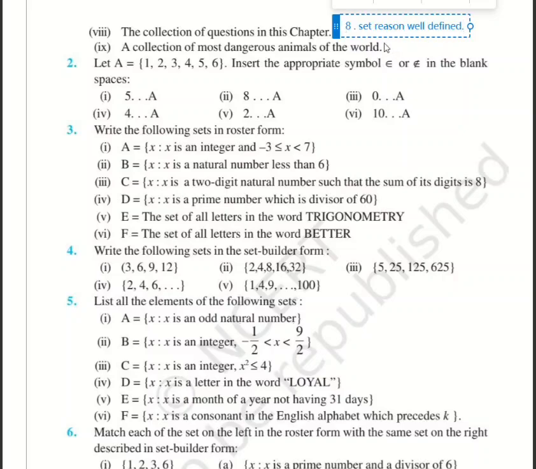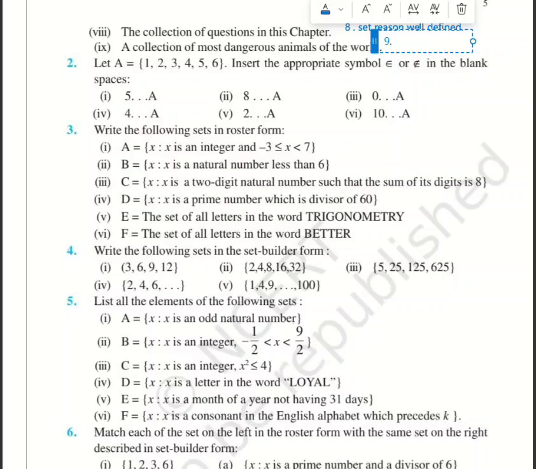And for the 9th part, the reason is that we have a collection of the most dangerous animals of the world. This varies from person to person. For me, the most dangerous animal is the lion, and for another it is the snake.